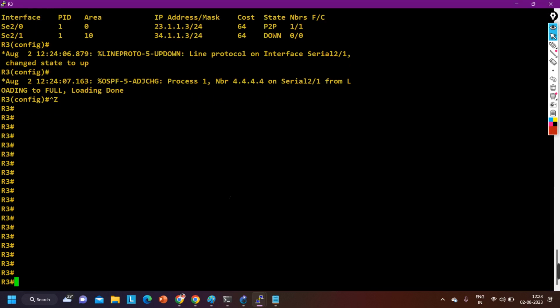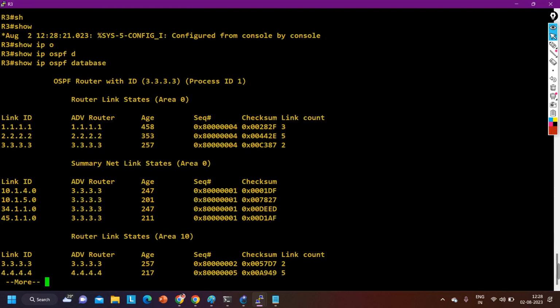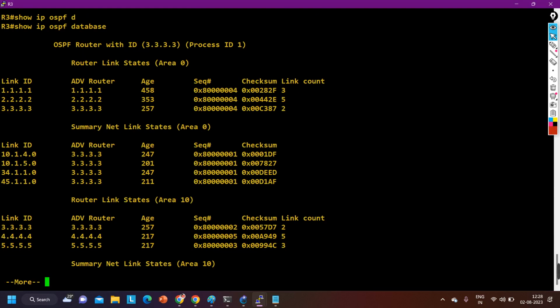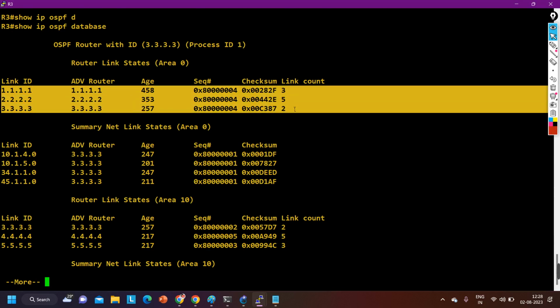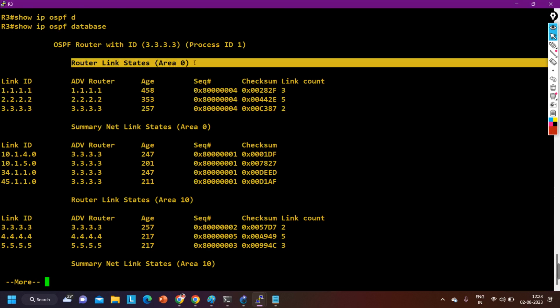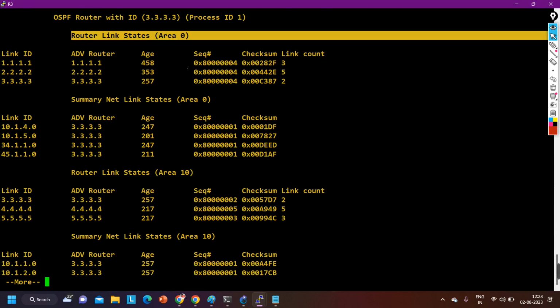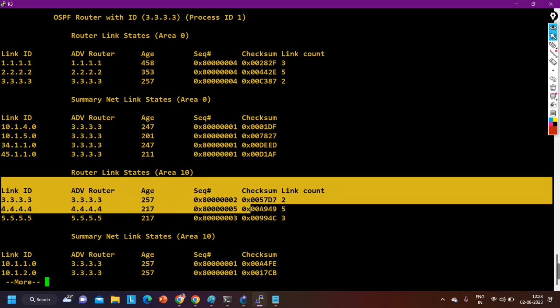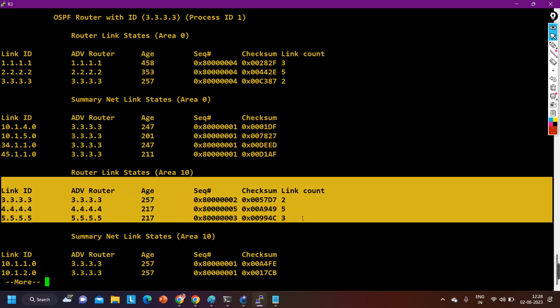See. So show ip ospf database. How many LSA1 are there? There are 3 LSA1 in area 0. Yes. And there are 3 LSA1 in area 10. 6.